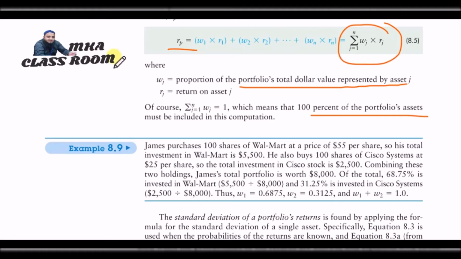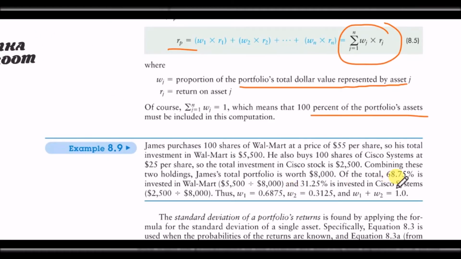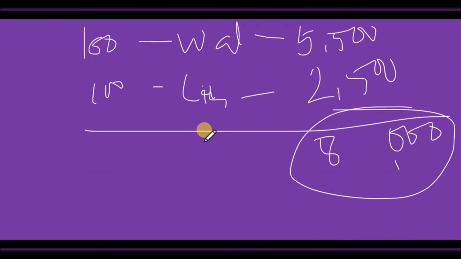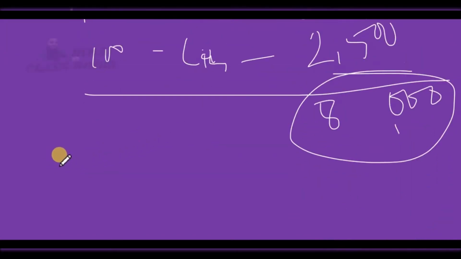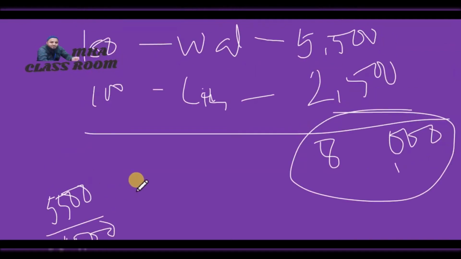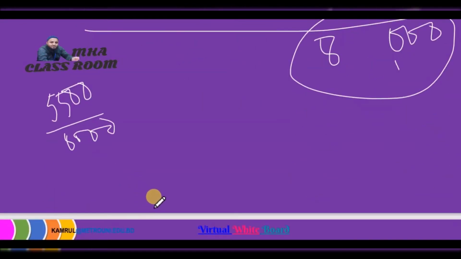So we will see the percentage of Walmart is 5,500 divided by 8,000, whereas the Cisco percentage is 2,500 divided by 8,000.